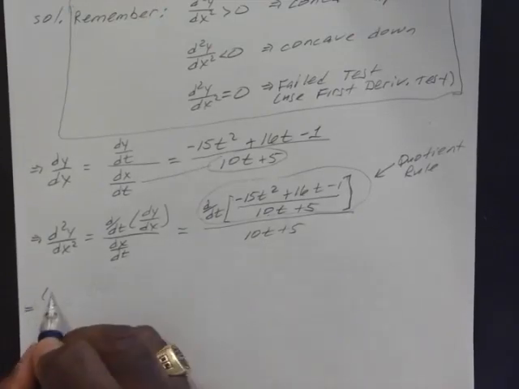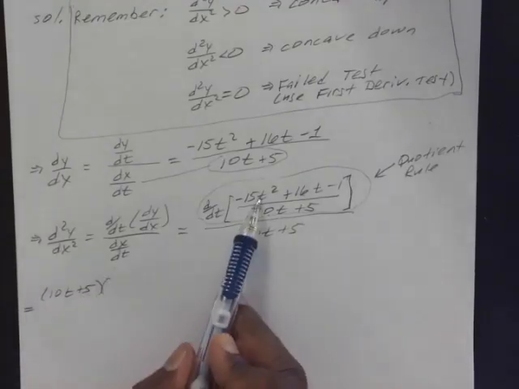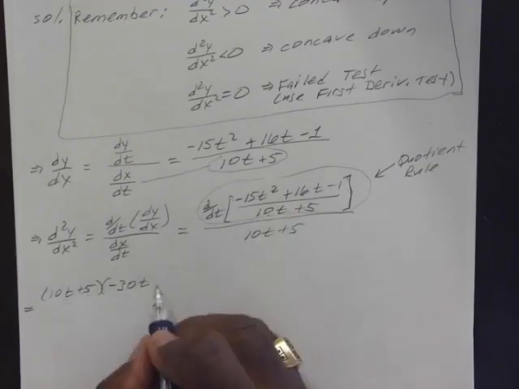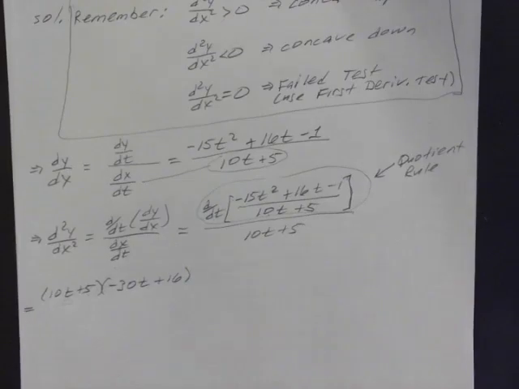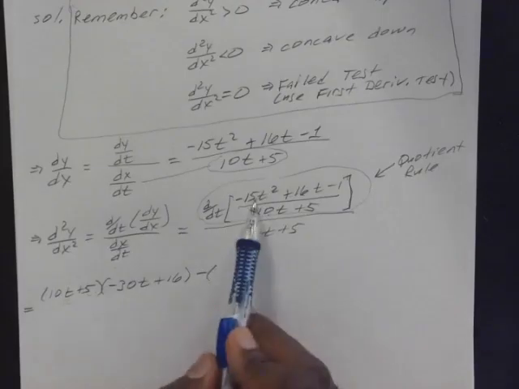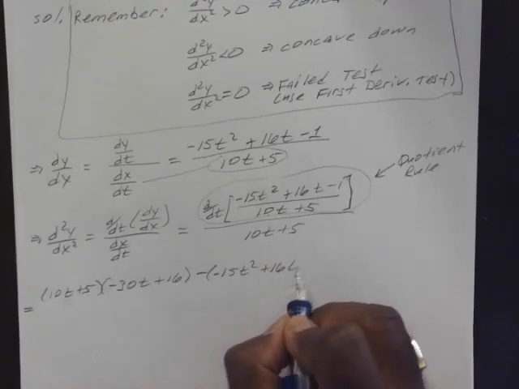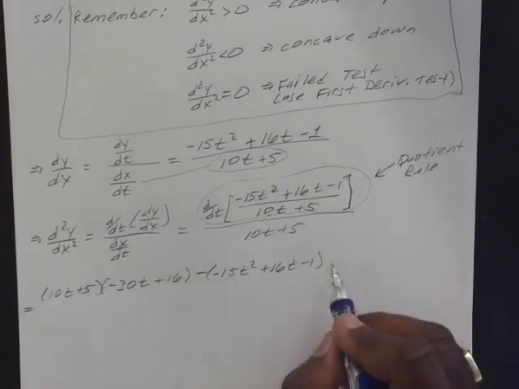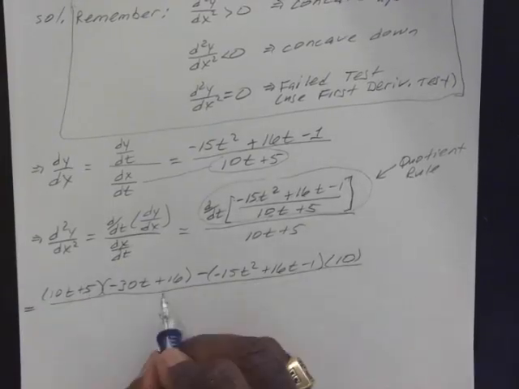Okay, so we have our denominator, 10t plus 5, times the derivative of the numerator. So if we bring down the 2, that's negative 30t plus 16. And derivative of negative 1 is 0, so that disappears. Minus the numerator, which is negative 15t squared plus 16t minus 1, times the derivative of your denominator, which is just 10, all over the denominator squared.